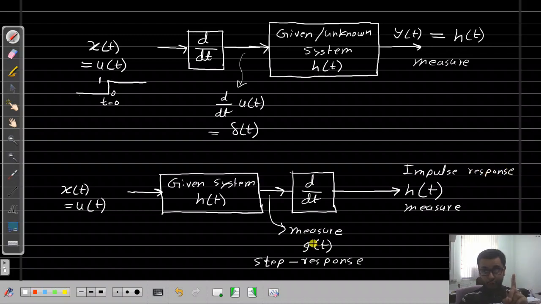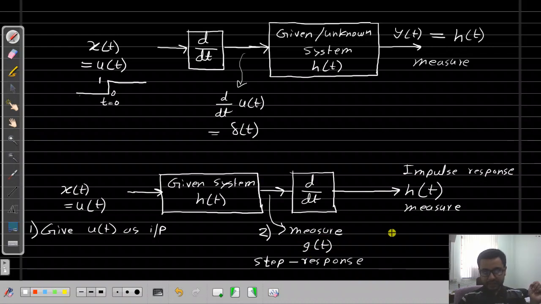So the conclusion is this: since it is difficult to get an impulse function in the laboratory, you can do the following experiment. Step 1, you give a step function as the input, give u(t) as input. Step 2, measure the output of the system, that you call g(t).